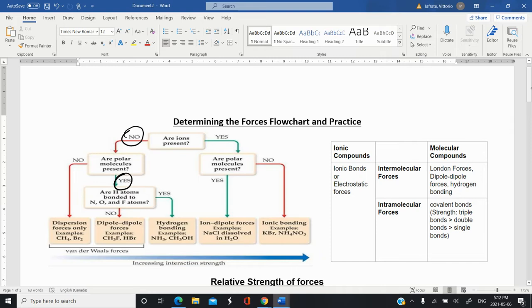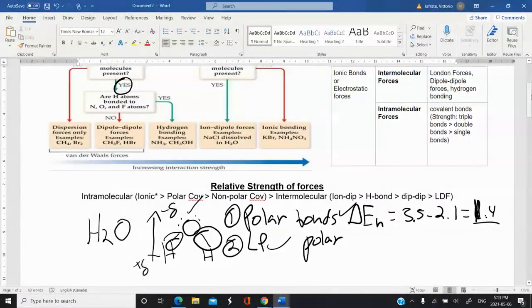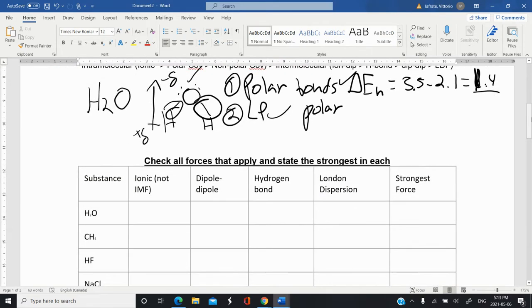Our next question is, are there any HO groups, HN groups, or HF groups? There are. You'll notice there's an OH group. So yes, there is an OH group, and what that means is that we have hydrogen bonding possibilities. This molecule is polar, and therefore it has hydrogen bonding. That's what water does.